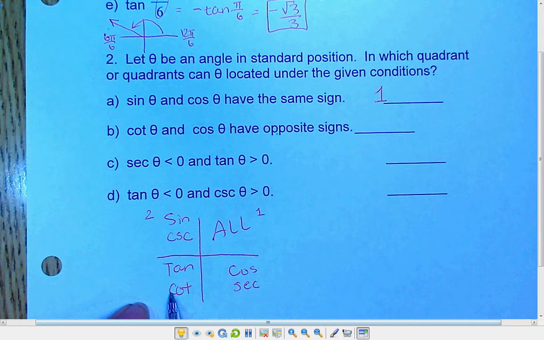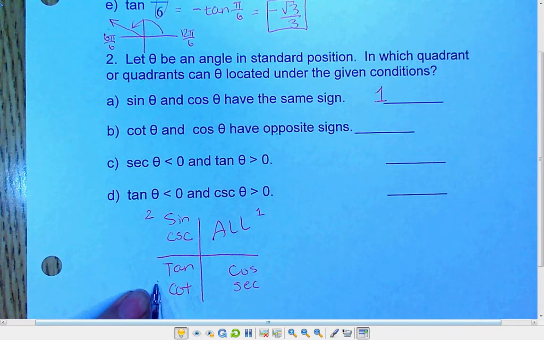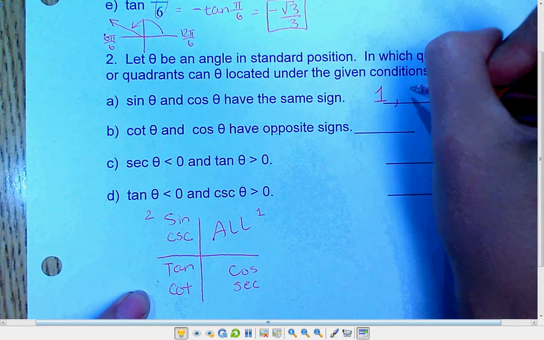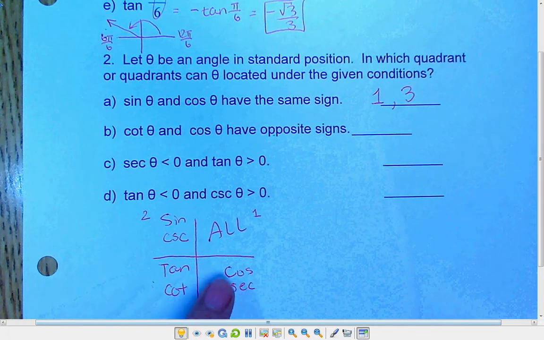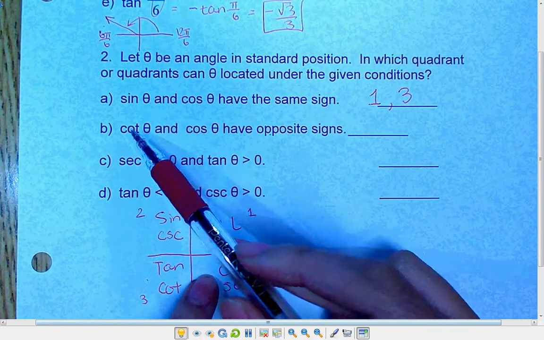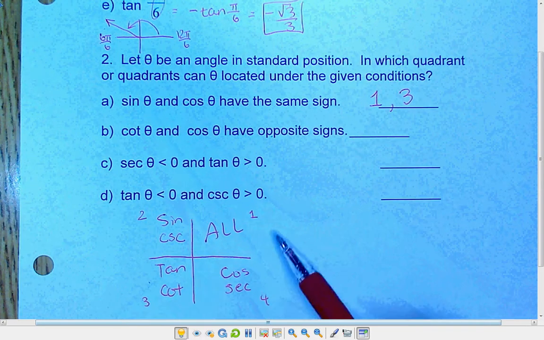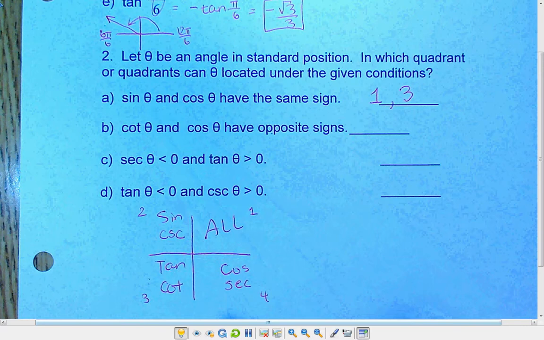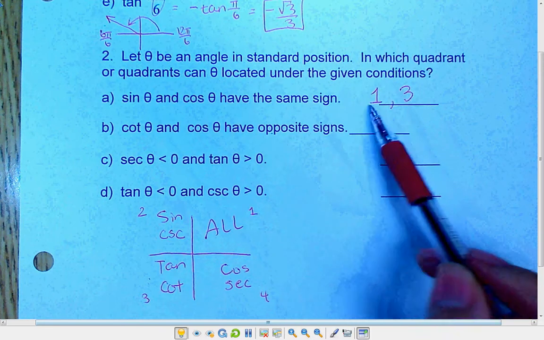In quadrant 3, sine is negative and cosine is negative because they're both not here, so they do have the same sign. In quadrant 4, sine is negative because it's not here and cosine is positive, so again they don't have the same sign. So for A it's just 1 and 3.